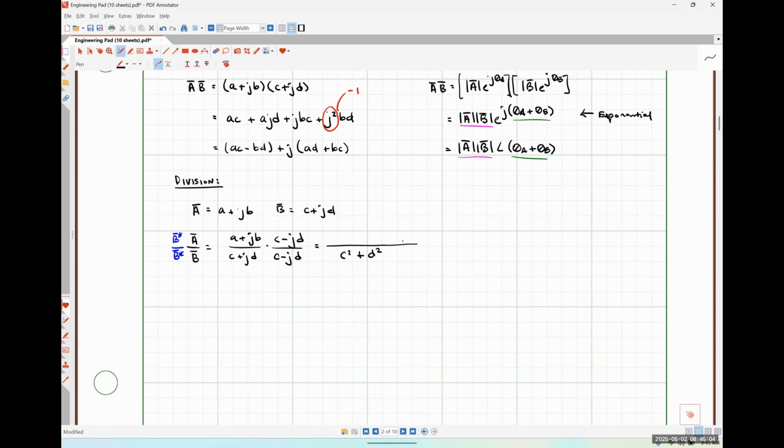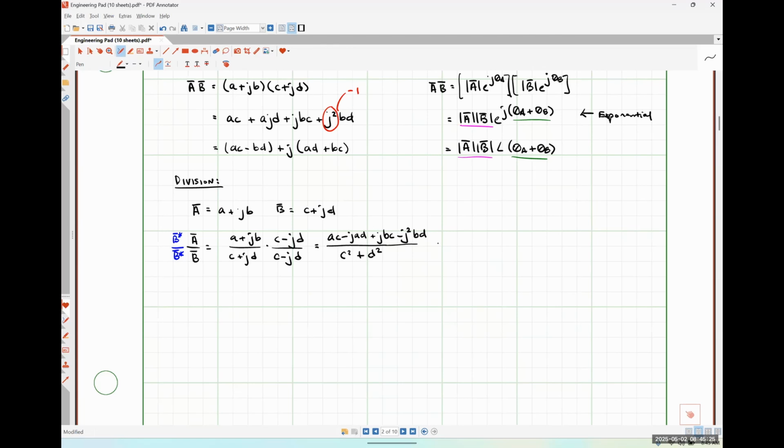Our numerator is going to look like ac minus jad plus jbc minus j squared bd.